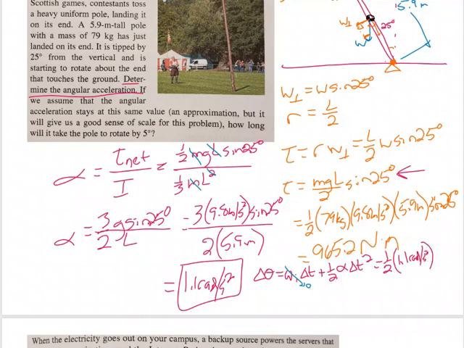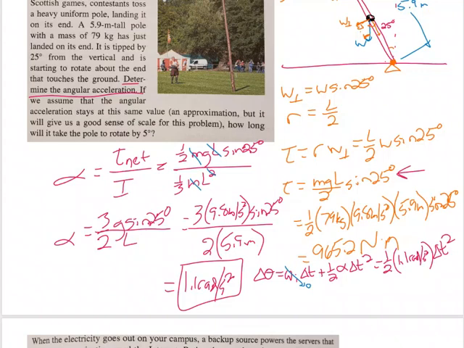And then we wanted 5 degrees. So the delta theta actually is the 5 degrees. But the problem is we're talking about radians here, not degrees. So we got to turn 5 degrees into radians. And then we're looking for delta t, so delta t squared here.